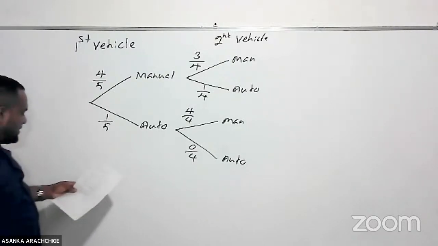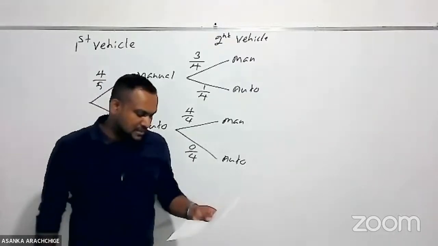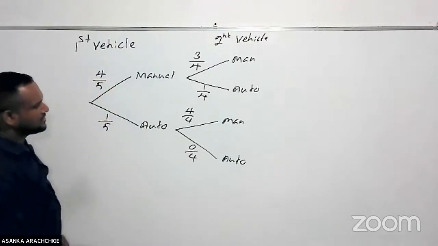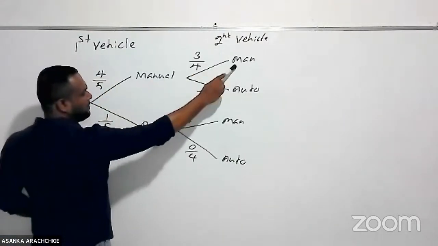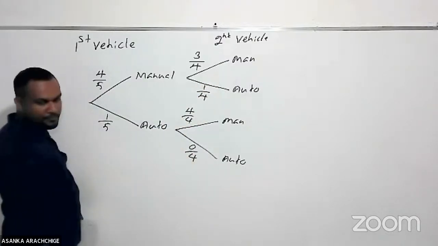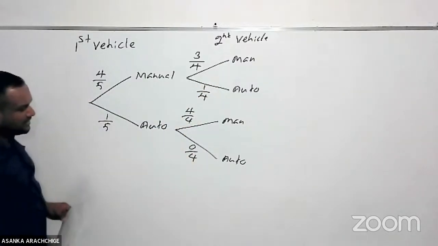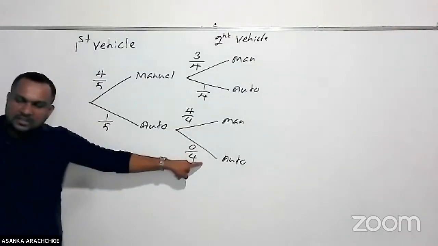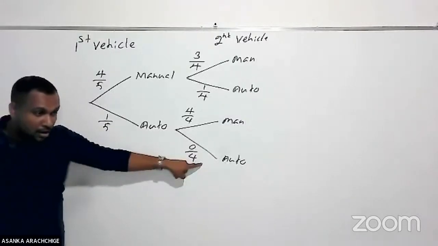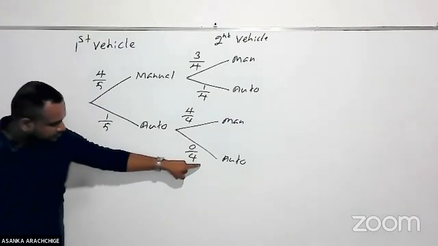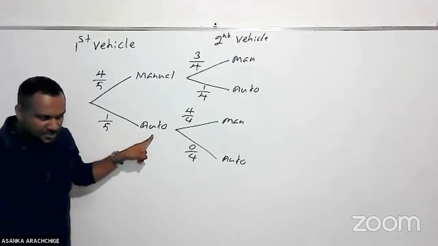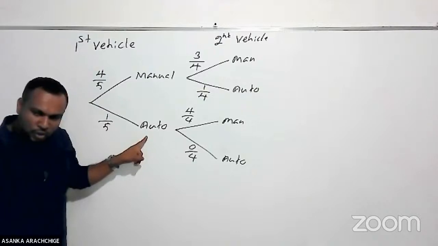Find the probability of the 2 vehicles that exit from that place being the same type of transmission. The same type means manual or auto. Tell me, is this possible? Both vehicles that exit the park being auto?